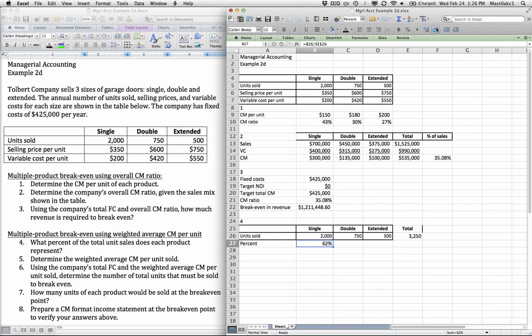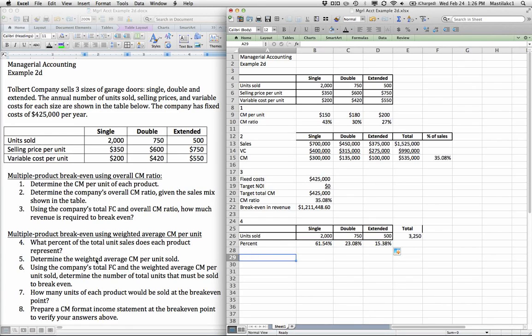And we will see that we sell about 61.5% of our total units as single units, 23% of the units we sell are double, and 15% are extended. And the sum of those is going to be 100%. Okay, so that's requirement 4.